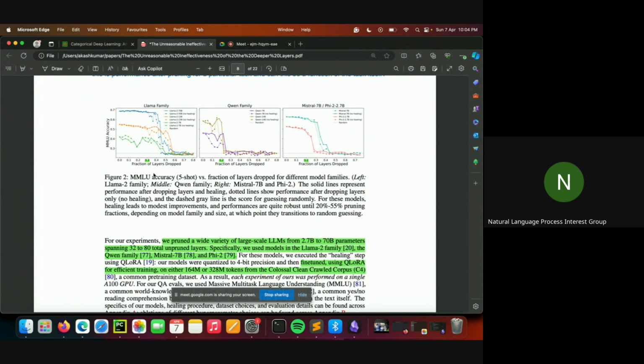So if you see here, with no healing, this model stops right after removing 30% of the layers. But if you continue to heal it, it is still able to work well till we remove 40% of the layers. So healing sort of offsets the effect of removing these similar layers.